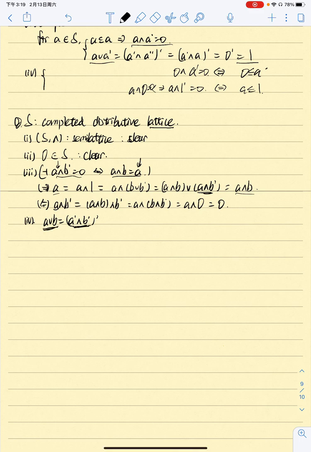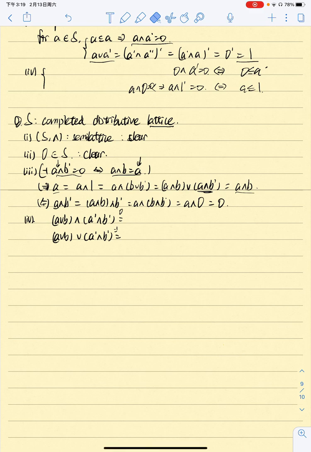So to prove these two are complements, we need two things. First, A or B and A prime and B prime is 0. We need to prove this is 0, and A or B, or A prime and B prime is 1. We need to show this is 1.